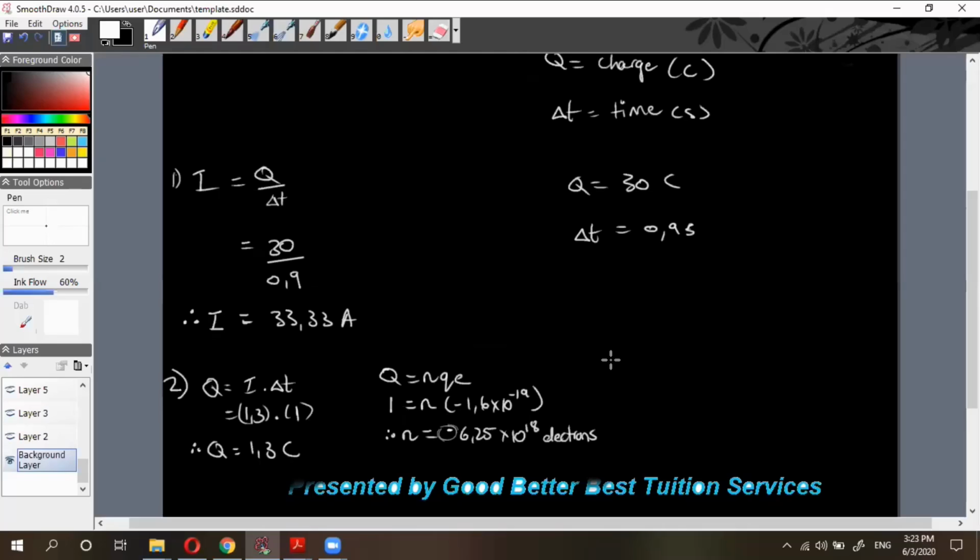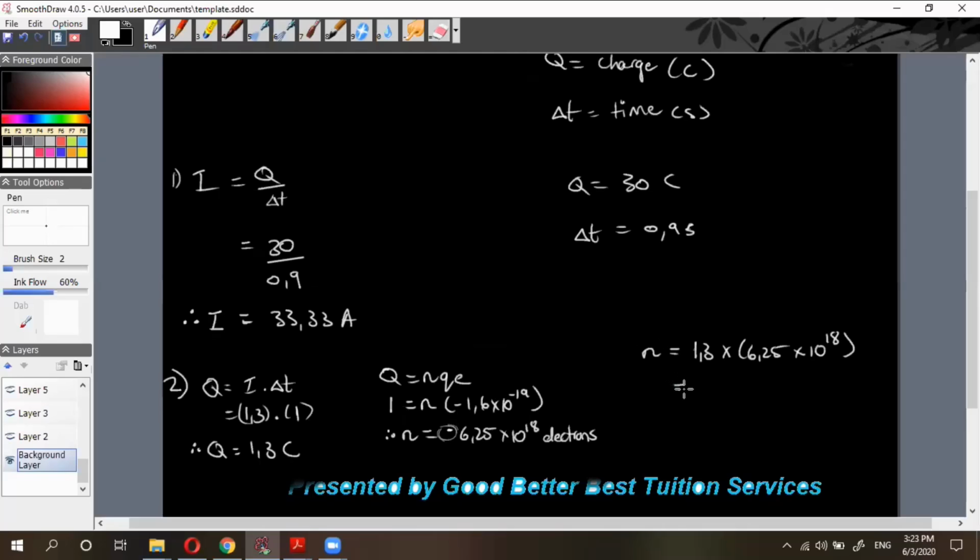So how do we calculate the number of electrons for 1.3 coulombs of charge? We take N for the number of electrons, and multiply 1.3 by 6.25 times 10 to the power of 18 electrons. That negative sign was just to show that it is for electrons; I could have omitted it.